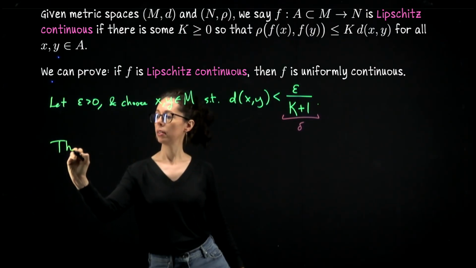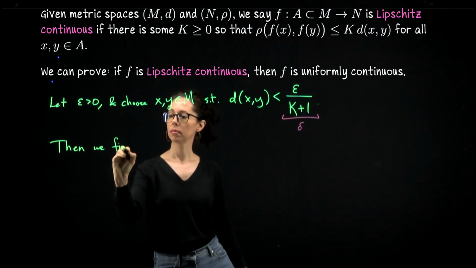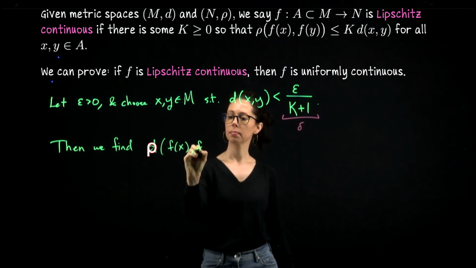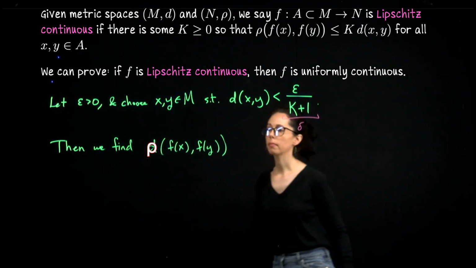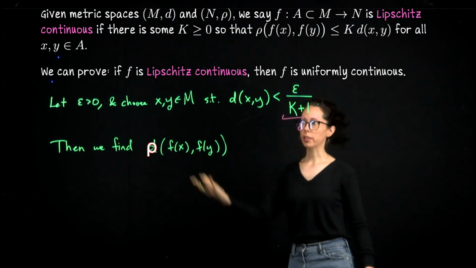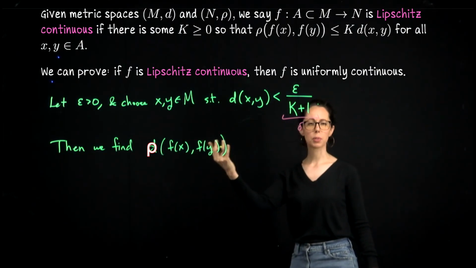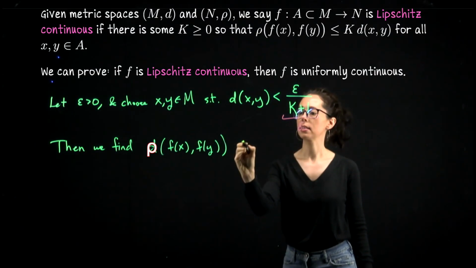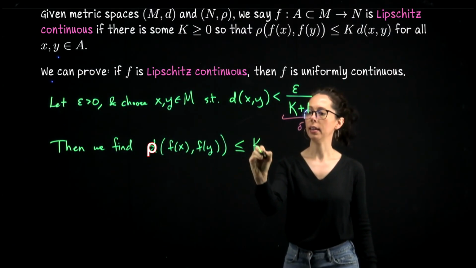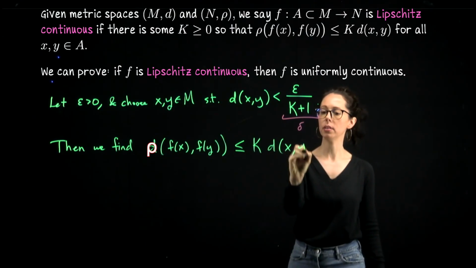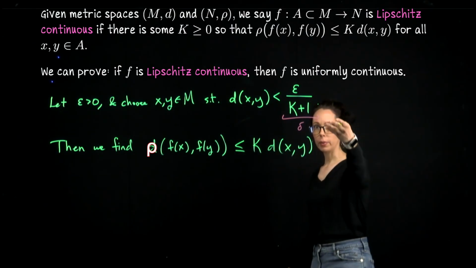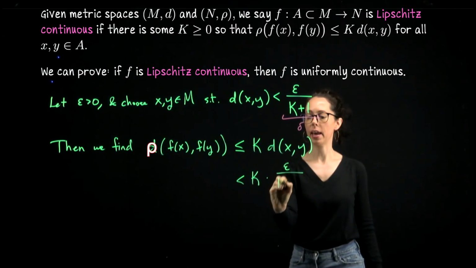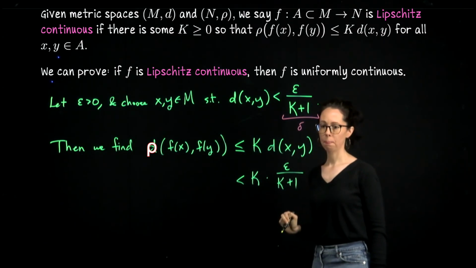Then we have that the distance between their outputs, by the assumption that f makes this definition of Lipschitz continuity true, we can immediately say that this distance is less than or equal to k times the distance between the pair of inputs. But we know that that is strictly less than epsilon divided by k plus 1.